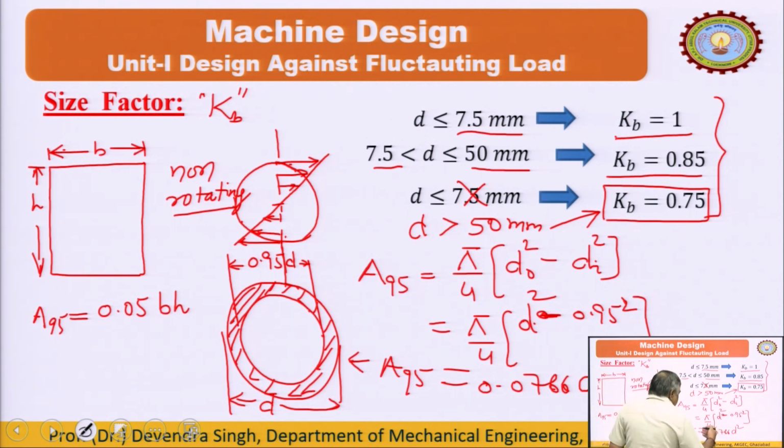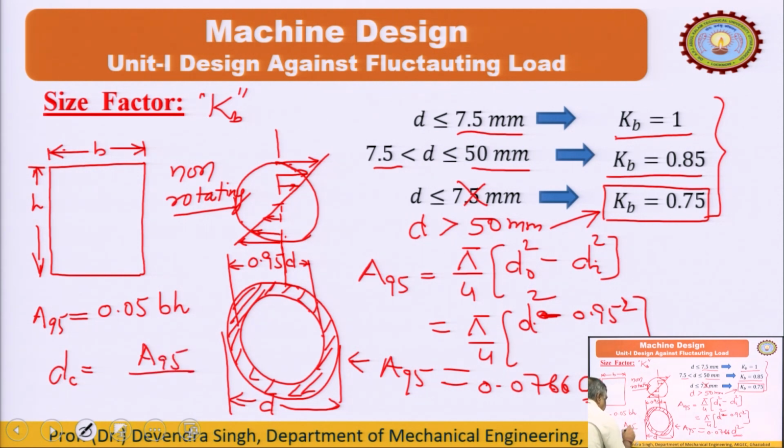Now, if I get DC, I replace this D by DC. So, DC is equal to what? A95 divided by 0.0766, under root.